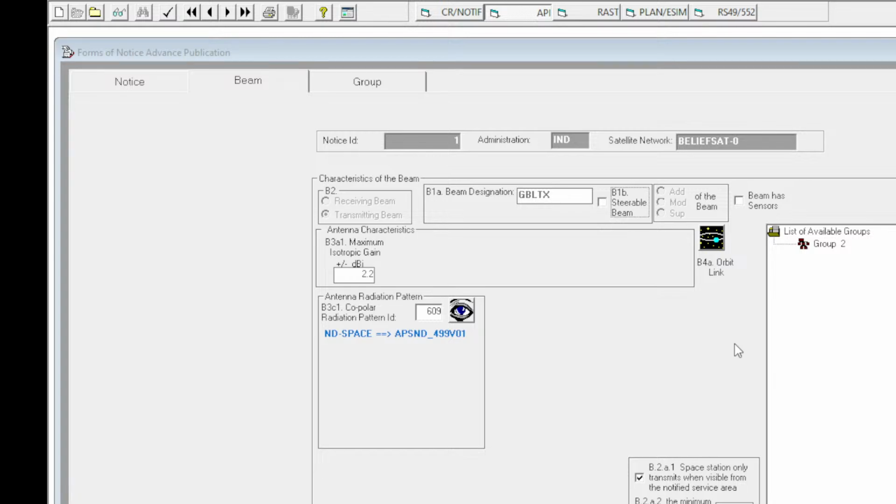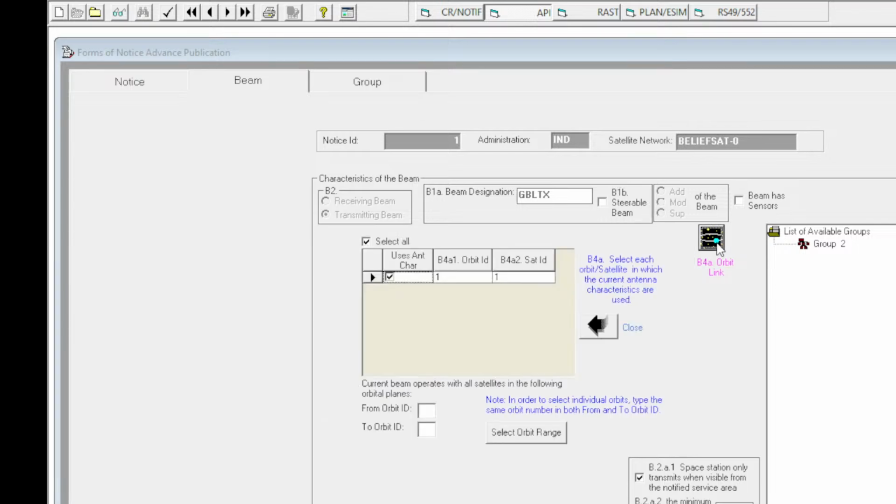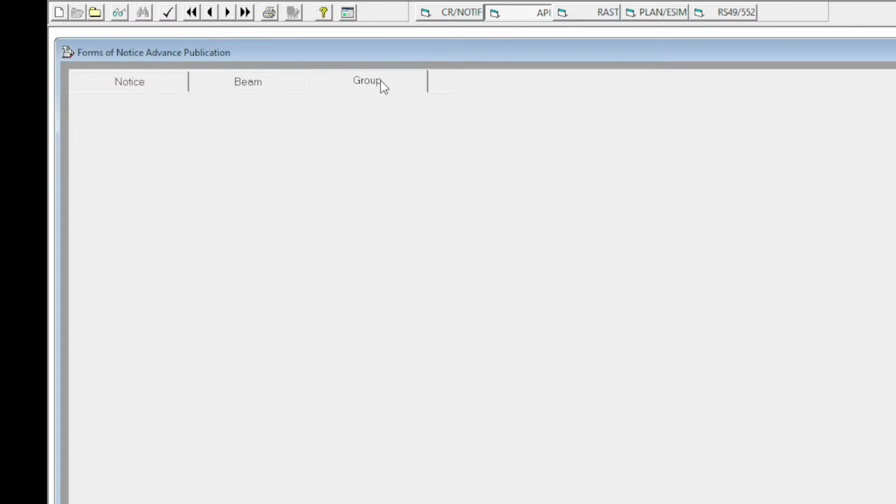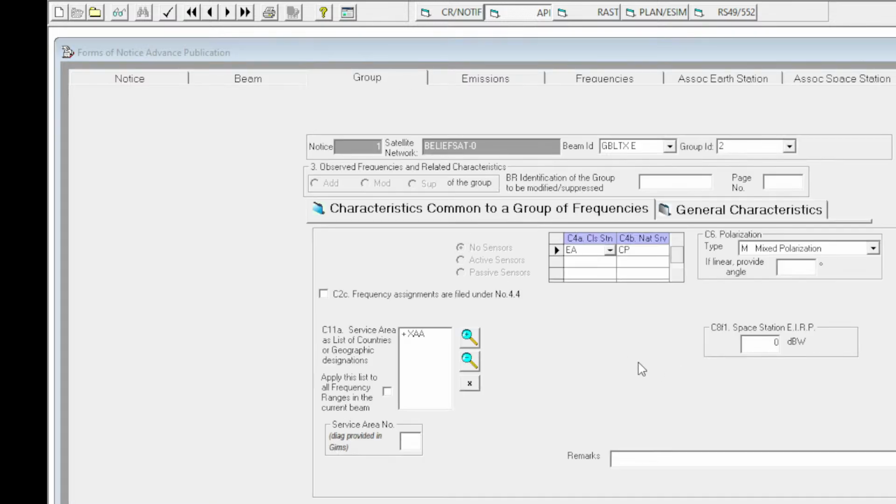So you can find out the pattern ID from there. Then the orbital link will again be the first network ID and sat ID. Here also there will be significant changes other than EIRP being zero. So we are taking the EIRP as zero here because, as I suggested earlier, this is in regards to the Earth station and there is a separate visibility.